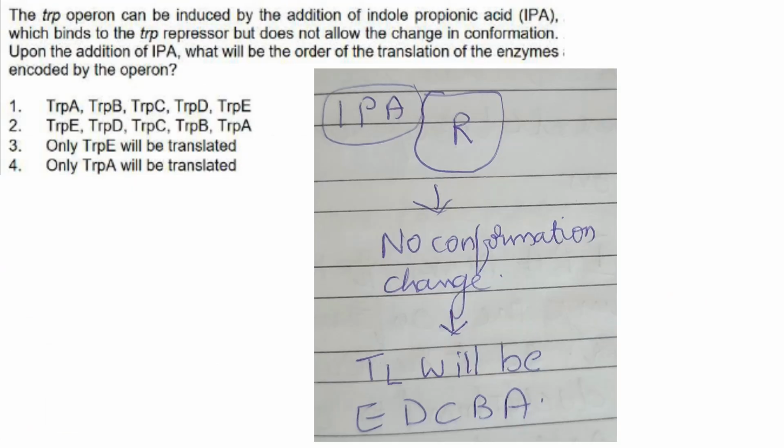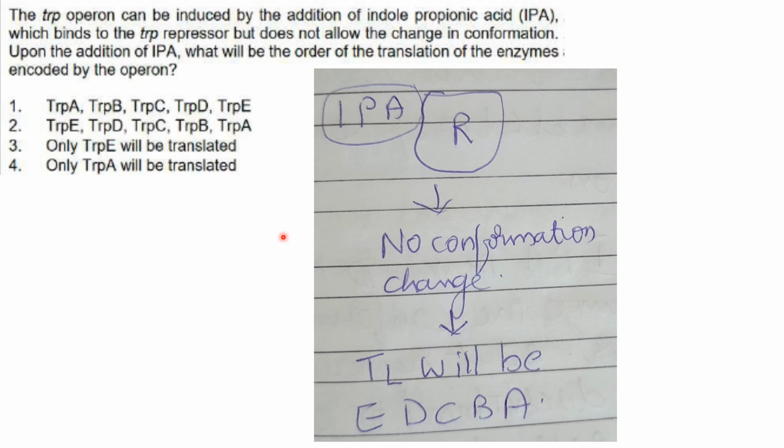Then next one. The tryptophan operon can be induced by the addition of indole propionic acid, which binds to the tryptophan repressor but does not change its conformation. Upon the addition of IPA, what will be the order of translation of the enzymes encoded in the operon? So first I will tell you what this is about.